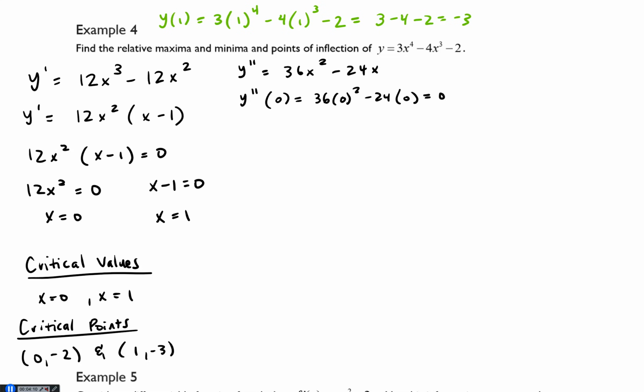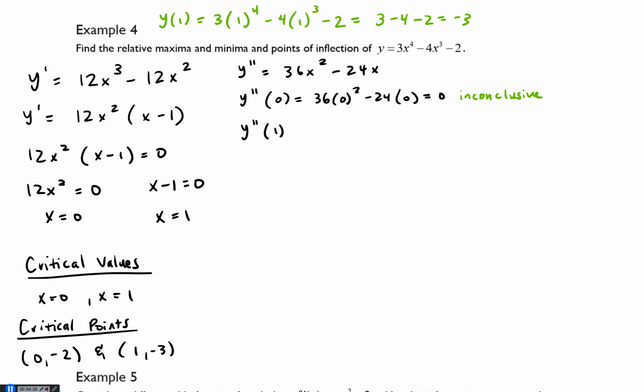So here the second derivative test fails us, and we get inconclusive results. And we'll need to use the first derivative test for 0, but let's try 1 and see what happens.